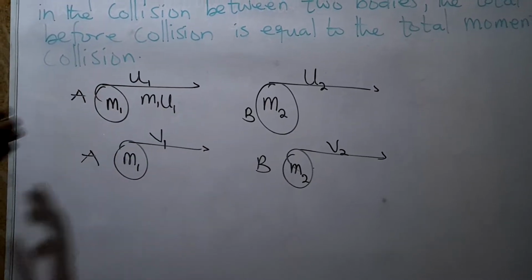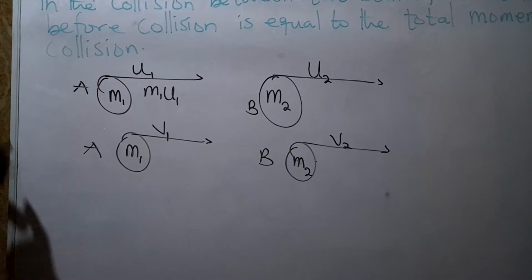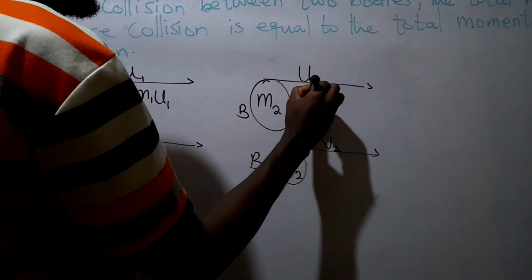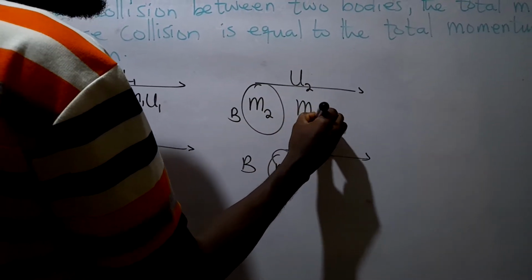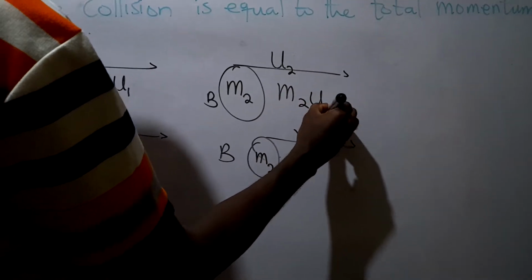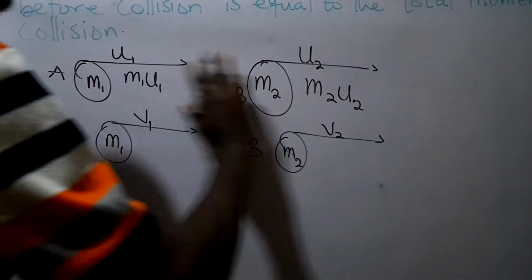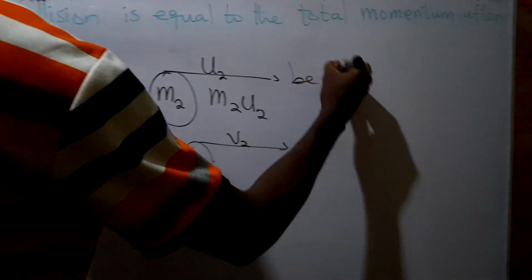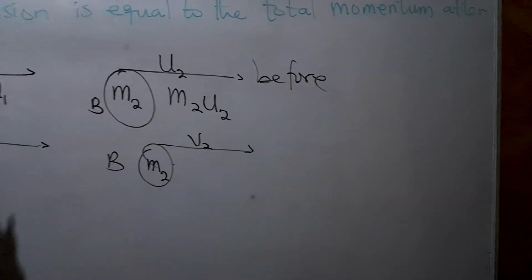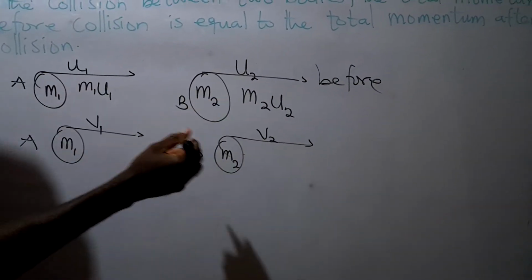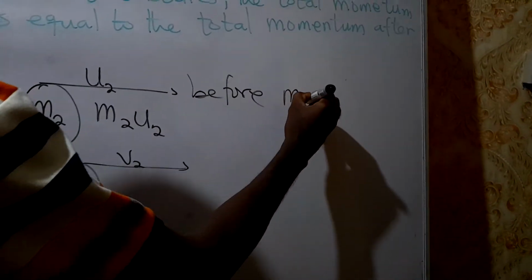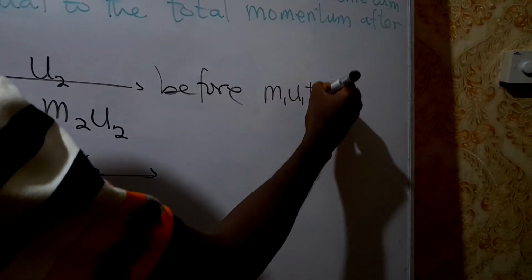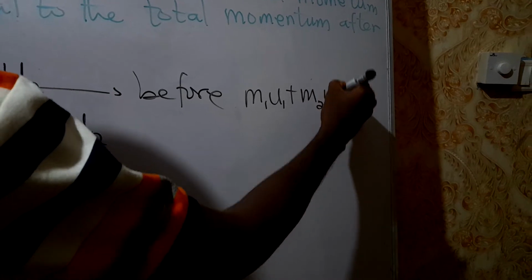Remember, momentum is the product of mass and velocity. And car B will be m2 u2. Then the total momentum before collision is m1 u1 plus m2 u2.